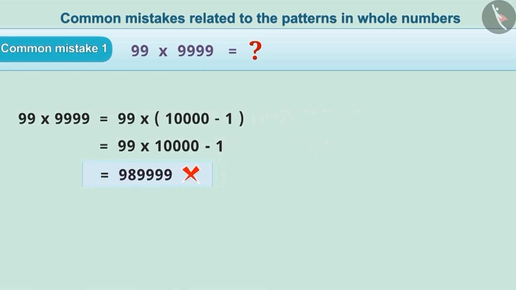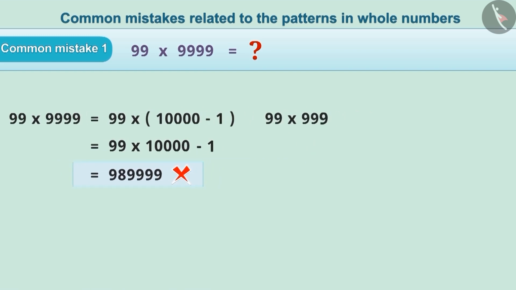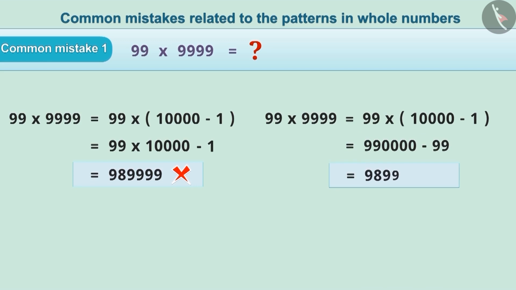The correct method is to represent 99 multiplied by 9,999 as 99 multiplied by 10,000 minus 1. It is solved by multiplying 99 with both the numbers in the brackets. By doing so, we get 9,90,000 minus 99 is equal to 9,89,901.